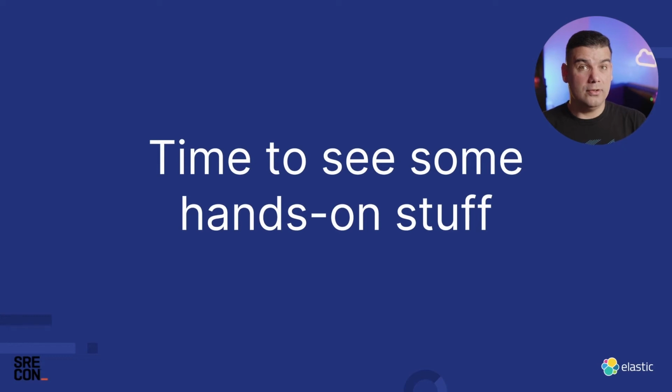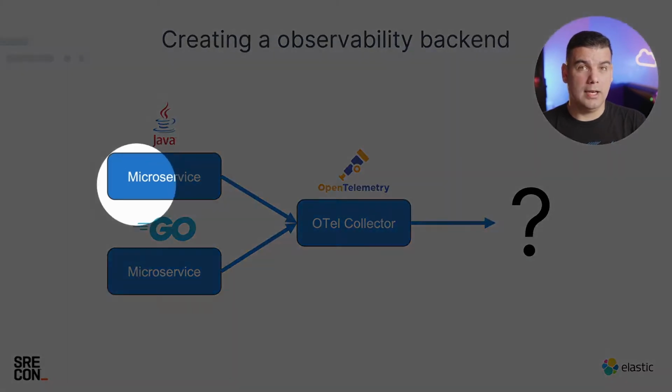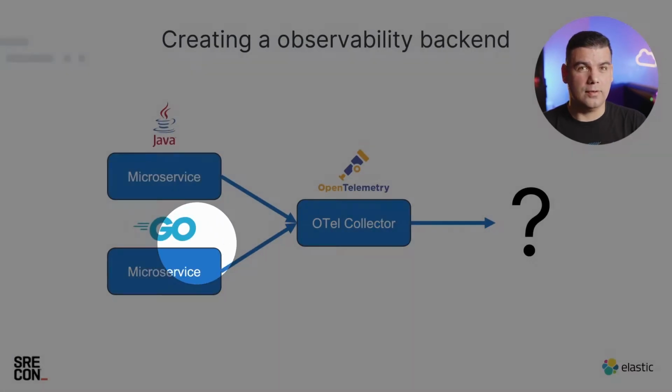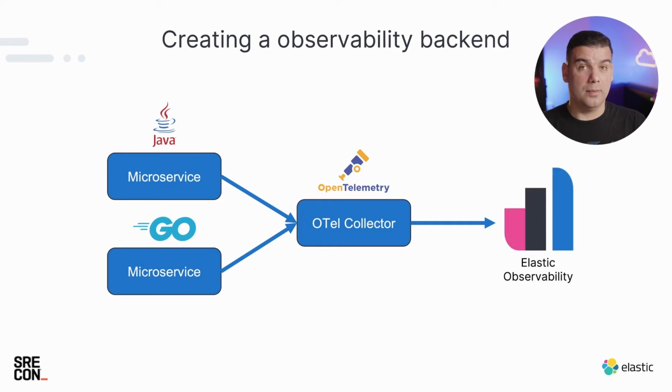Now let's start discussing some of the practical perspectives that I referred to in the beginning of the presentation. So right now, what we are going to do is create from scratch an observability backend that will store and hold all the telemetry data sent by the two microservices that will be instrumented using OpenTelemetry. For this demo, I'm going to use Elastic Observability as the observability backend.